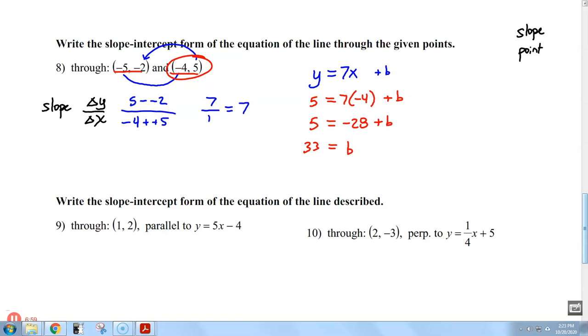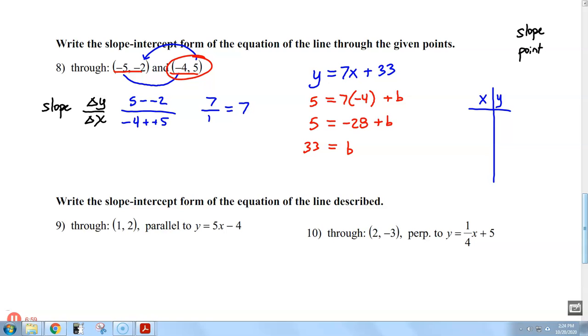Man, that's making me nervous. I'm going to come up here and put it in and just see if I did something wrong. Both of these points should satisfy my equation, so I'm going to check it. I'm a little bit nervous about that 33. It's awful big.